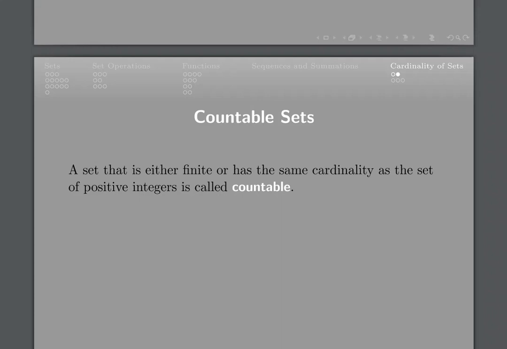Like the set of prime numbers, the set of even positive integers, those are countable sets and those are not finite. So a set that's either finite or has the same cardinality as the set of positive integers is called countable. That example shows you one of the weird things that happens with an infinite set. It's possible that an infinite set has a subset with the same cardinality.